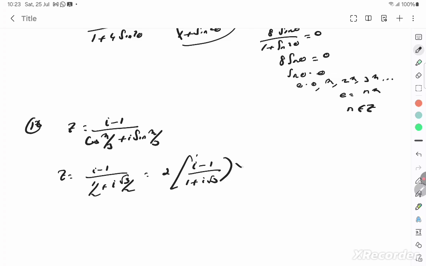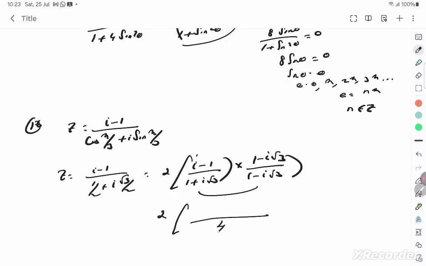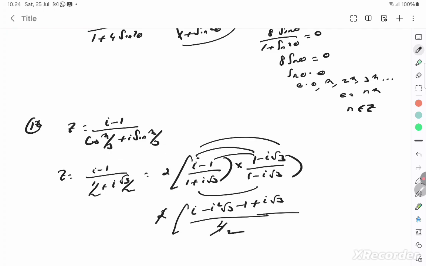So by multiplying and dividing by 1 minus i root 3 by 1 minus i root 3, the denominator will become a square plus b square, 1 plus 3, so 4. And the numerator, there's already a 2, and the 4 and 2 get cancelled. Numerator becomes i minus i square root 3 minus 1 plus i root 3.